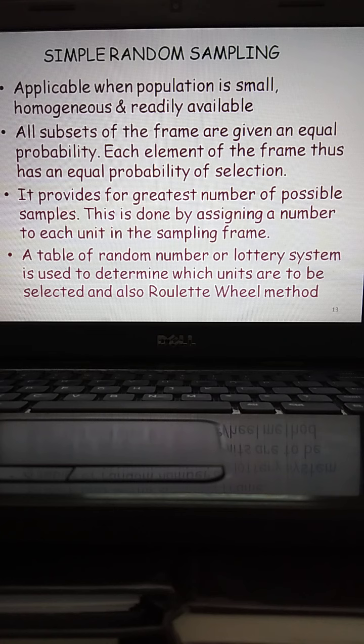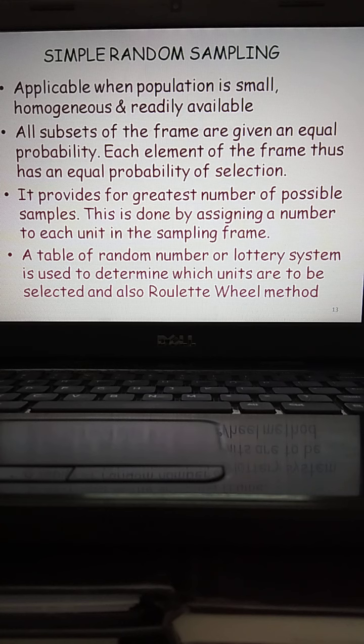And one more very good method of picking the simple random sample is the table of random numbers. Previously, while doing normal distribution problems, binomial problems, Poisson distribution problems, and logarithmic values, you had separate tables available.